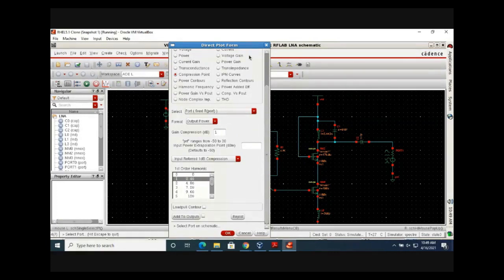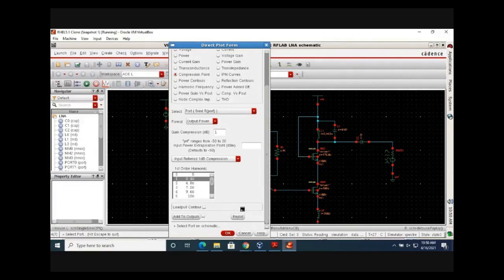What you're seeing here as the direct plot form is for PSS analysis, and if you click on PSS analysis, all these things can be plotted. What I have done here is select the compression point. I'm selecting the port, which is the output port here. The format is output power. What I'm measuring is the 1 dB compression point, and I'm taking the fundamental frequency as 2.4 GHz here. Now, if I select this output port, I'll get the simulation result of this 1 dB compression point.